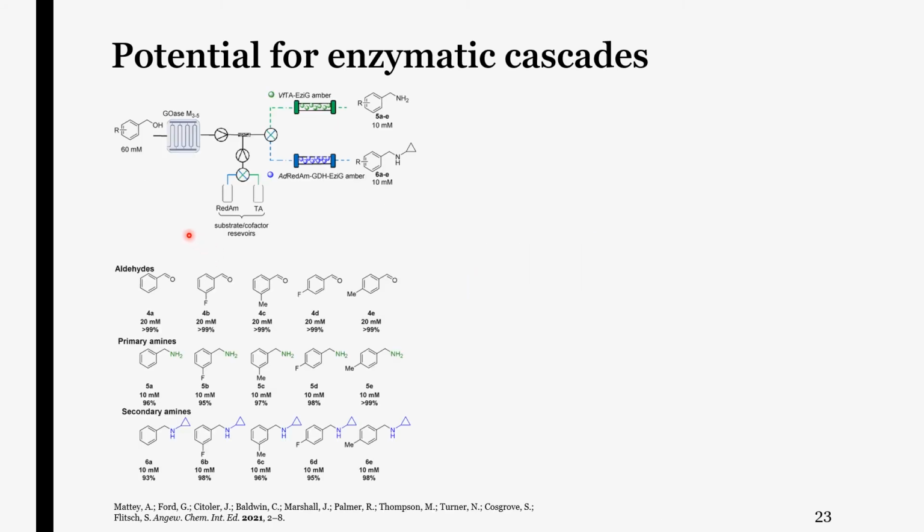Since you also need to go with the flow with the enzymatic cascades, another research group published this paper here in Angewandte, where they used alcohols as substrates, and they used the alcohol dehydrogenase to yield different kinds of aldehydes, but they also put different kinds of channels to the imine reductase and transaminase.